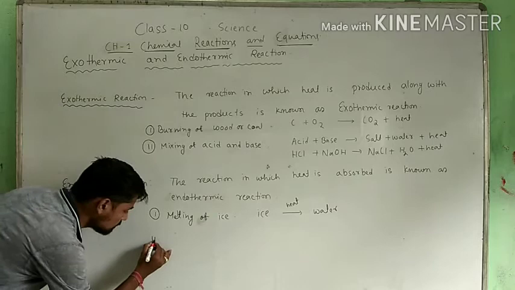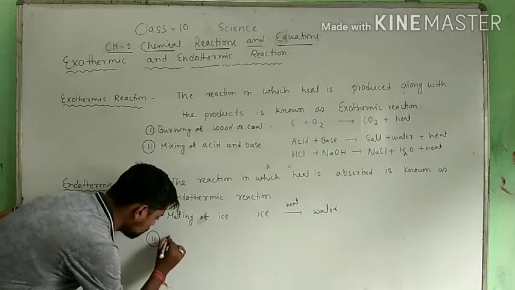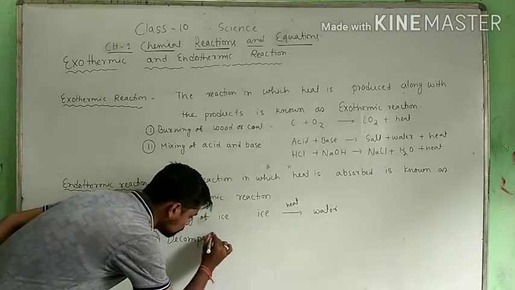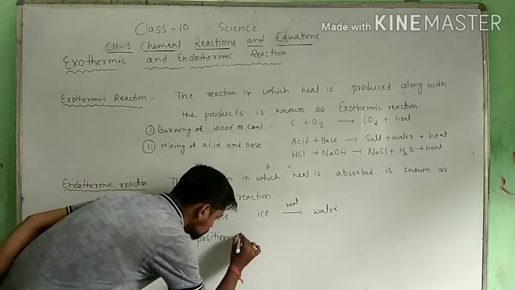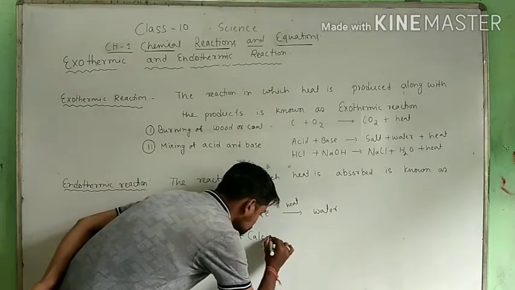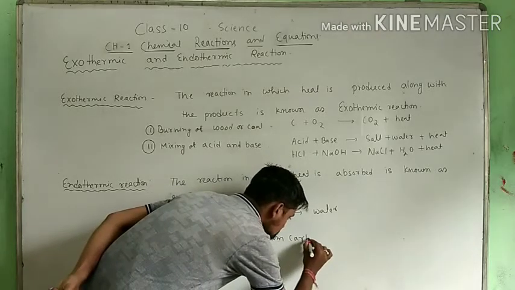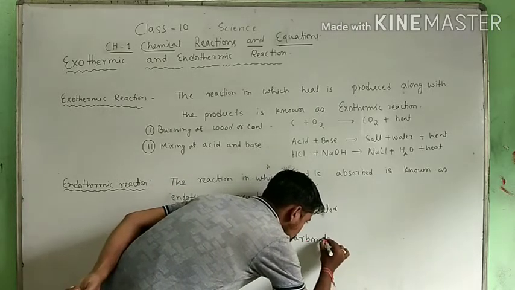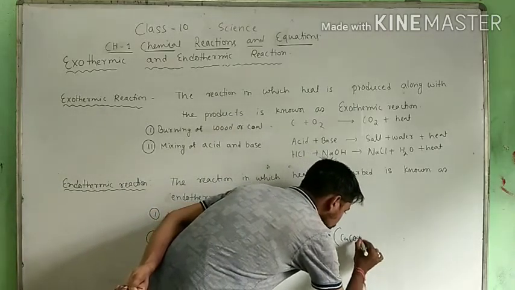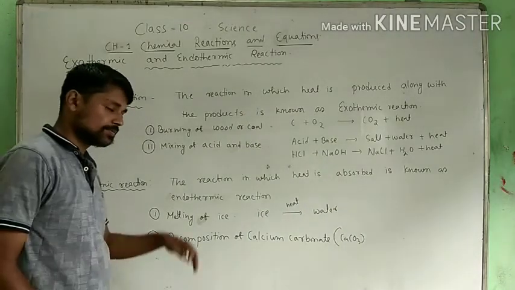Another example is decomposition of calcium carbonate. The formula of calcium carbonate is CaCO3. The decomposition of calcium carbonate.